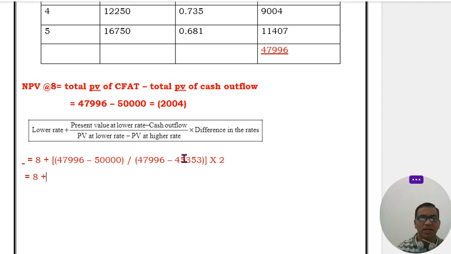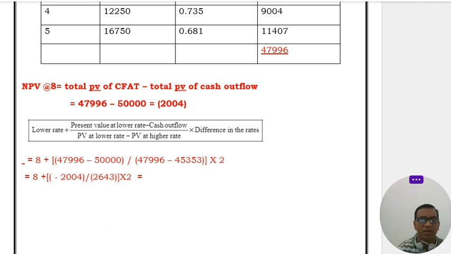One more step. 8 plus brackets: 47,996 minus 50,000, here I got a minus value, minus 2004, divided by 47,996 minus 45,353, that equals 2643. I keep this in small brackets, and now multiply with 2.